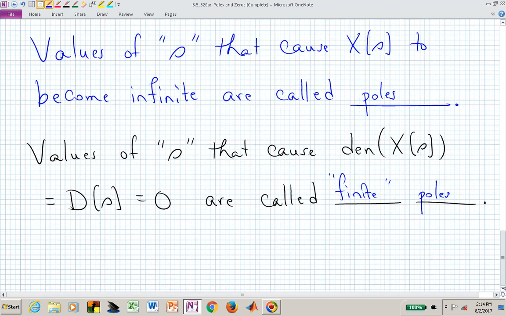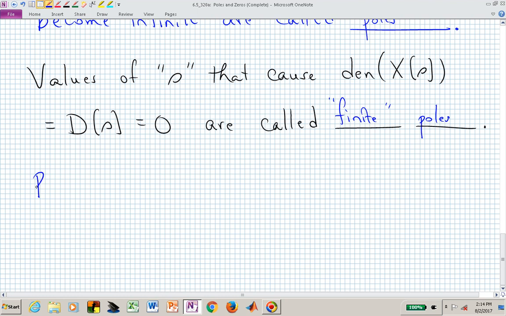So in this case, from our example, we have 3 poles. We had a third order denominator. One was at -5, and 2 were complex conjugates, -3 plus and minus j3.